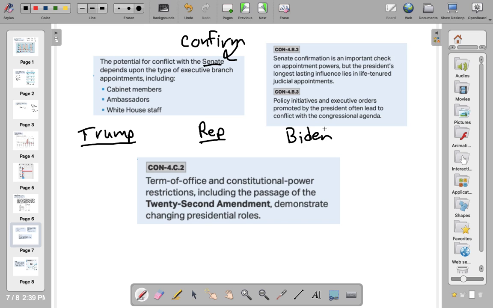But it might be a problem if, let's just say in the future, Biden is going to be president, but the Senate might still be Republican. We don't know at the time of me making this video because there's going to be some special elections in Georgia. But let's just say that the Senate is still going to be Republican. Well, think about it.